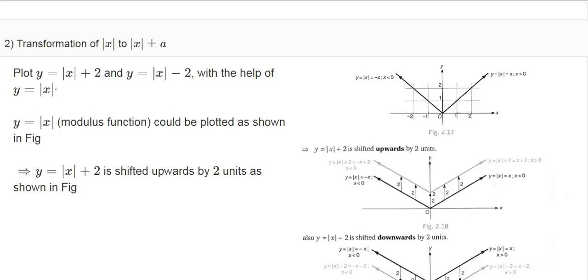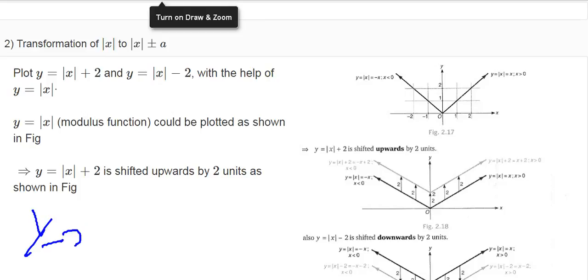The point to remember in this case is that this is essentially a shift along the y axis. This can be written as y minus 2 is equal to modulus of x.